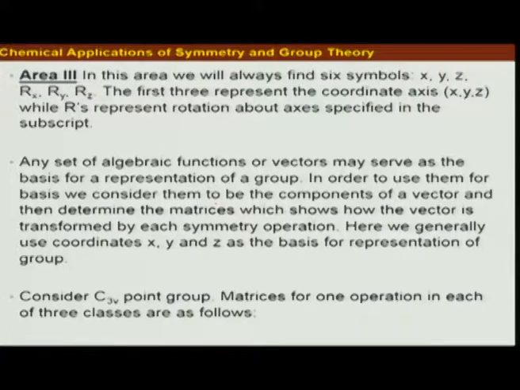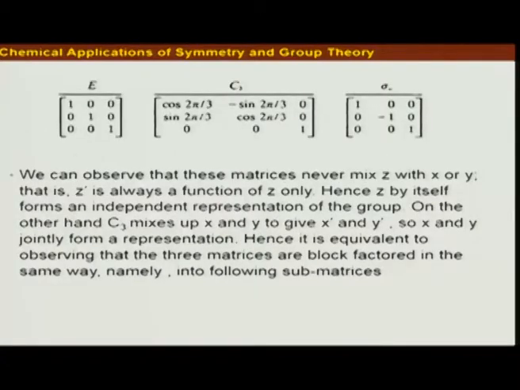Now we are discussing one particular point group here, C3V, for this particular character table. So now if I consider that C3V point group, the matrices for one operation each from the 3 classes, as we know we have 3 classes for C3V. So then we can get the matrices as follows. So this is corresponding to E, C3 and sigma V.